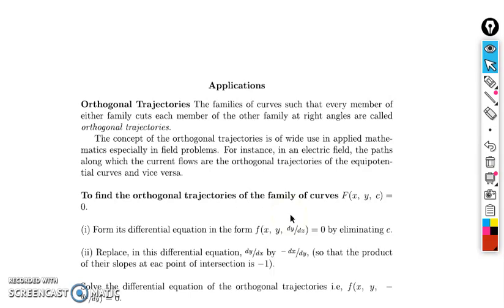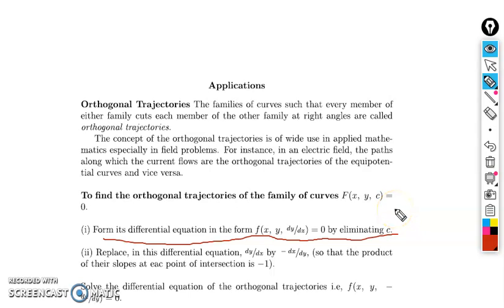When you find the differential equation of a family of curves, you have to eliminate the arbitrary parameter. So, eliminating c from this equation, a new equation without c is formed, which is the differential equation of the family.